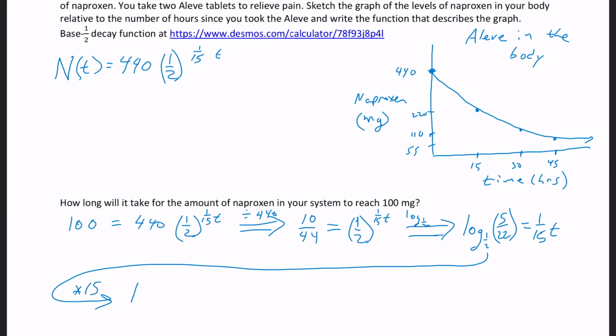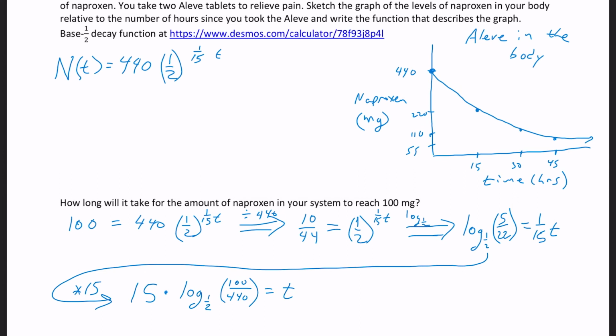So that will say 15 times the base 1/2 log of 5/22. And by the way, if you wanted to, you could still have that as 100 over 440. This would equal t. So there's another classic case where I'm going to need a calculator.